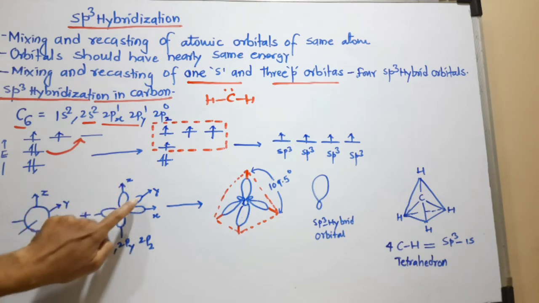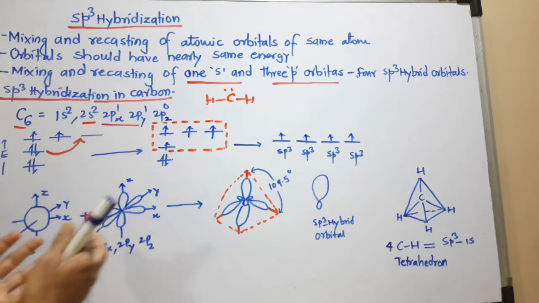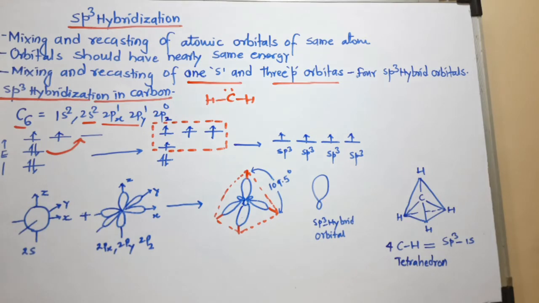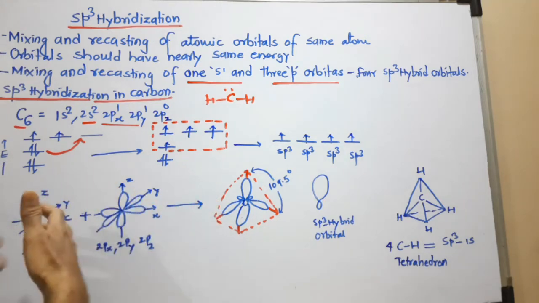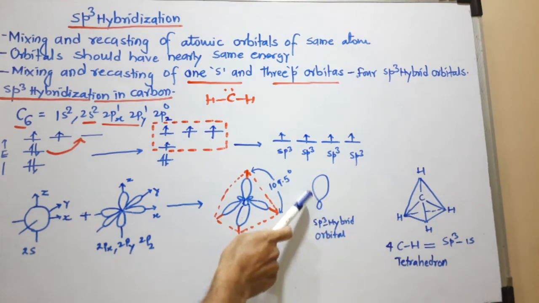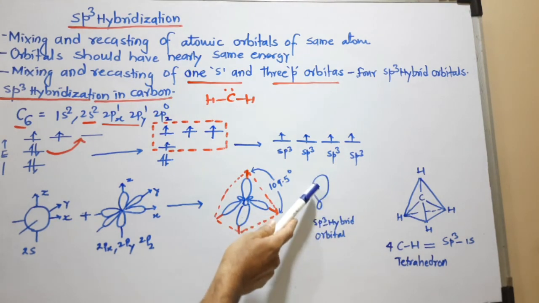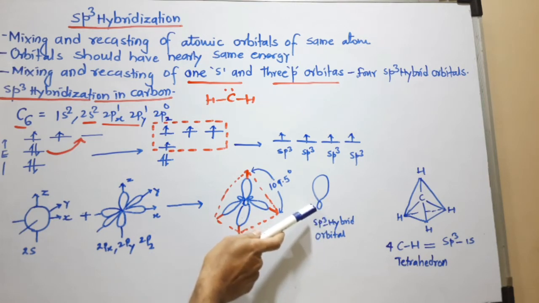Similarly, this is 2px and 2py. You can see the s orbital and p orbitals have different shapes before hybridization. But when they mix together, we get a different shape. Now, this sp3 hybrid orbital looks like this. It has two lobes, but one lobe is large and the other is a smaller lobe. So this is the sp3 hybrid orbital.